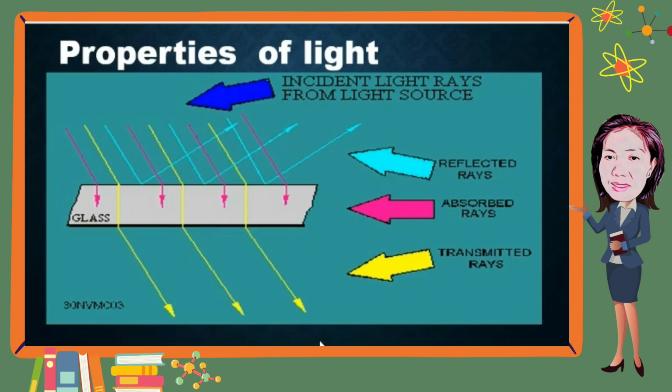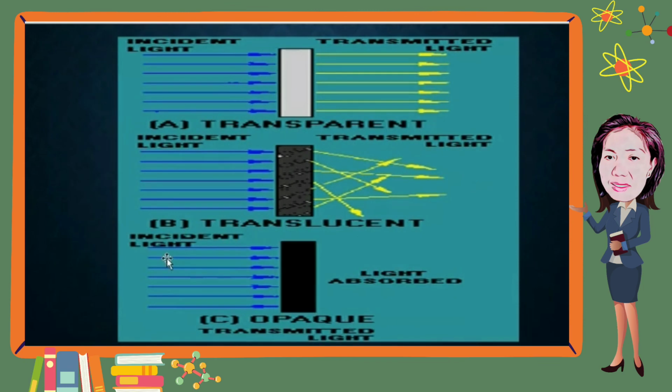Kumbaga, wala siya na-reflect, wala siya nag-bounce back, wala siya na-absorb at lumabas siya, nag-transmit siya. Okay? So, another one. Okay, ito yung example ng transmit. Sa mga transparent, usually sa mga transparent glass, like for example, cellophane. Oh, yan, transmit ang light, diretso lang.